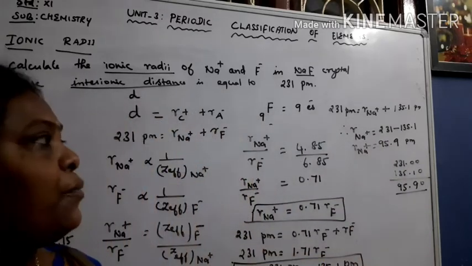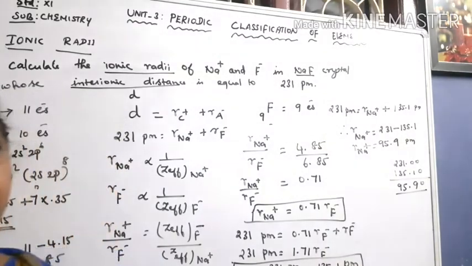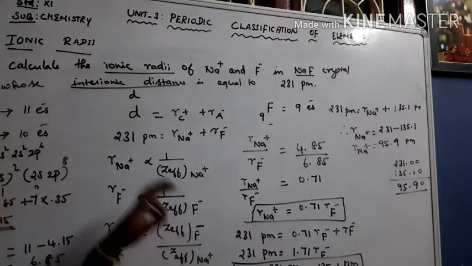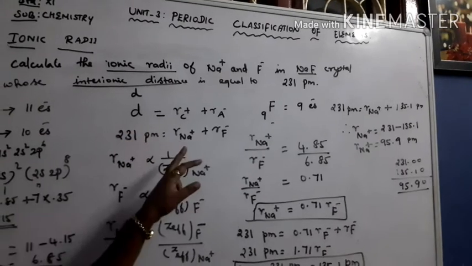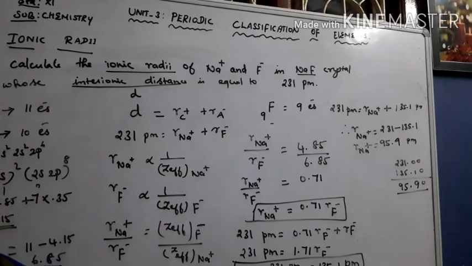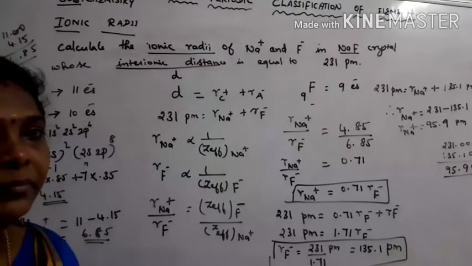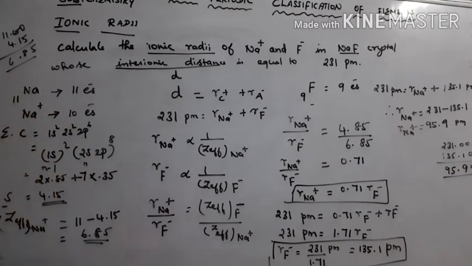So in this way, these steps should be followed to calculate the radius of either cations or anions. If we know the interionic distance between the two ions, by the help of that we can calculate the radius of cations as well as the radius of anions.